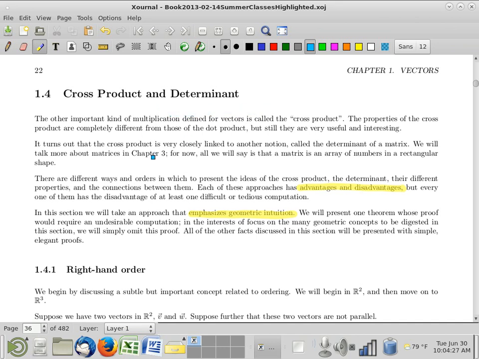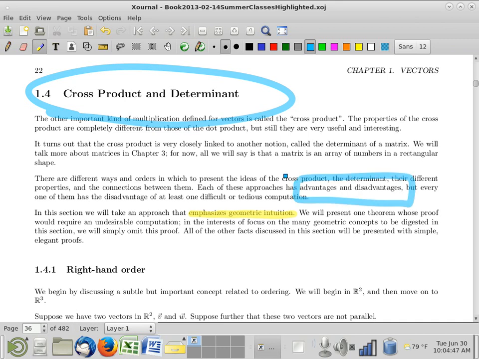There are lots of different ways to go through all of the facts that relate cross products and determinants. I've got a point of view on it. What you're going to see in the book is my point of view on how to most effectively introduce these ideas. It's not 100% complete. I'm going to state some of the facts without proof, which is a disadvantage of the approach I'm going to show you. But it has certain advantages. One of the big advantages is that the ideas we end up going through focus on the geometric intuition for the objects we're going to be studying.